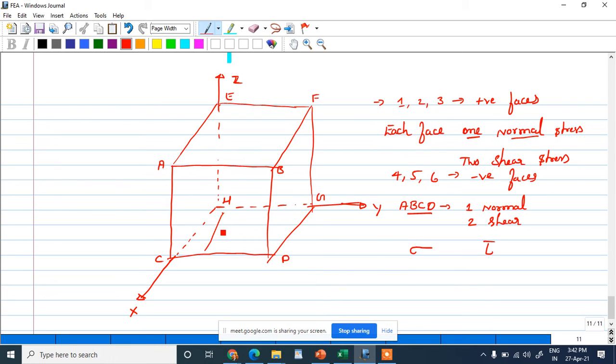I will draw a line parallel to this particular X. Let me take a different color, a black color. From the center I will mark it, so you can see that. This is the particular stress that I wanted to highlight.